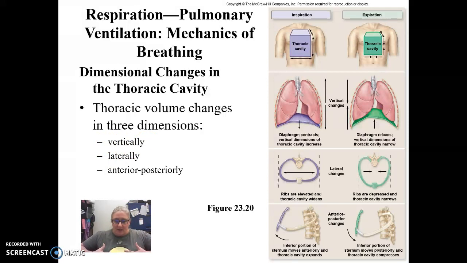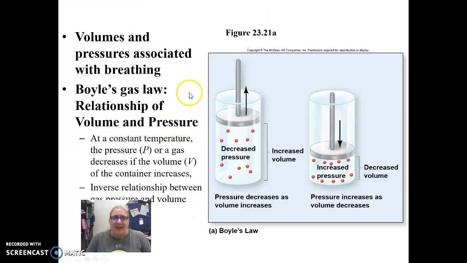We're going to move it anterior-posteriorly, vertically, and laterally, okay? And so I told you that breathing is all about pressure.